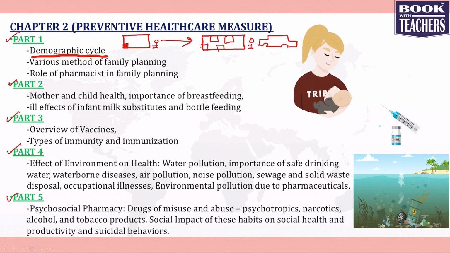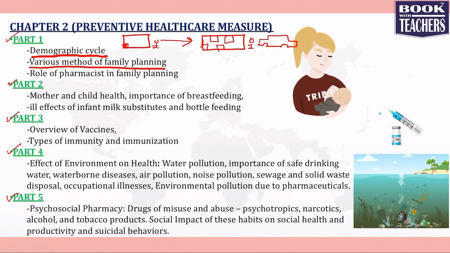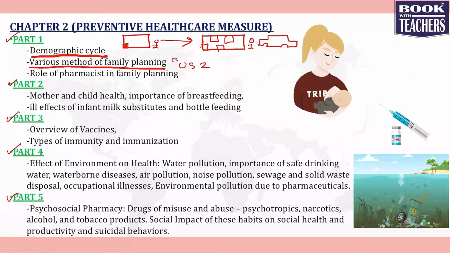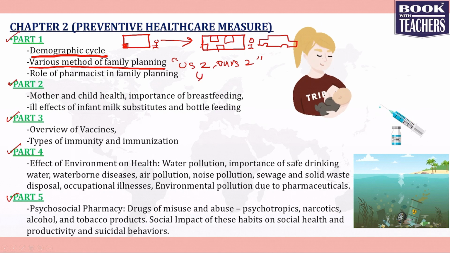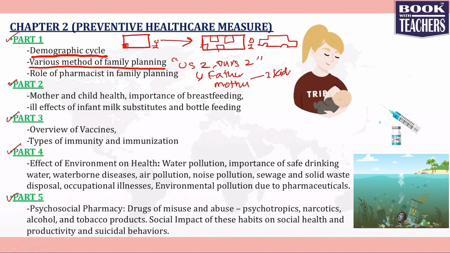Now we'll also be learning regarding various methods of family planning. You must have heard the slogan some time or other, hum do, hamare do. That means us two and ours two. This basically means father and mother and their 2 kids. Now there are various methods of family planning, especially contraception.